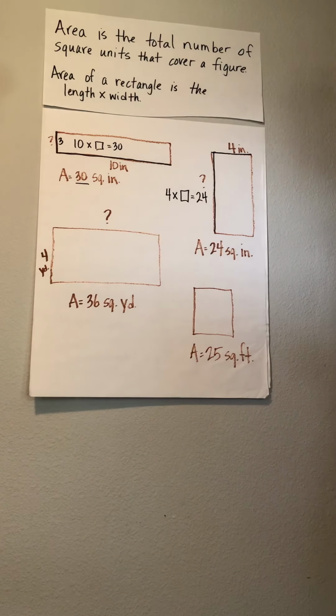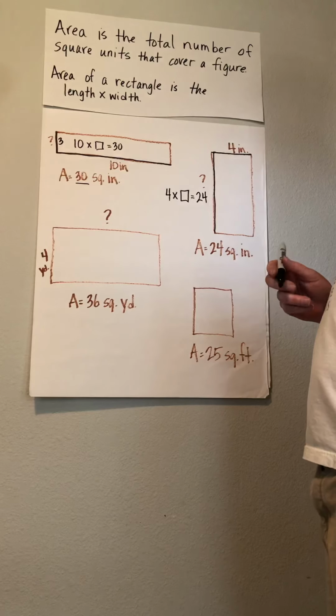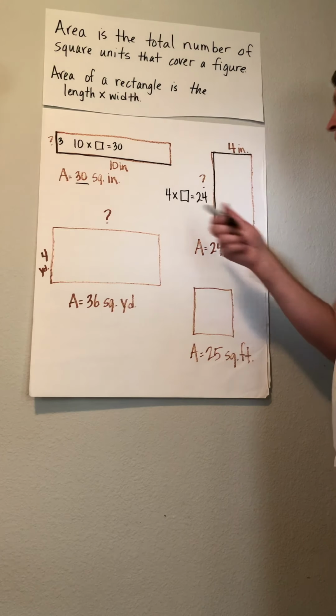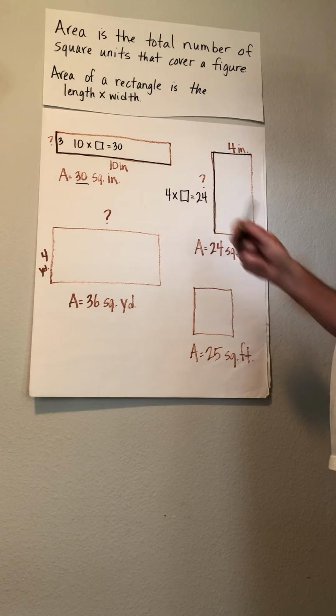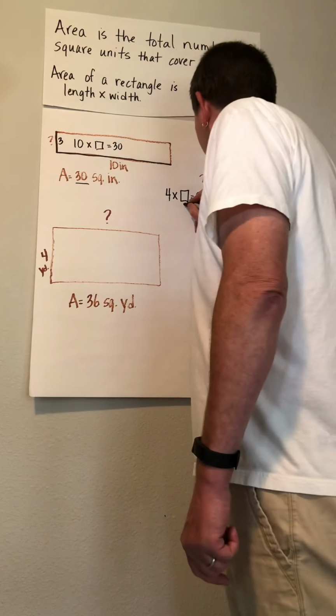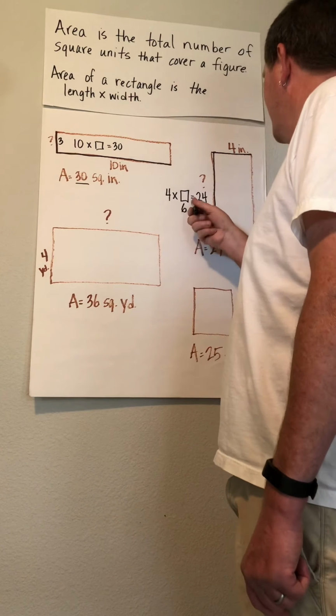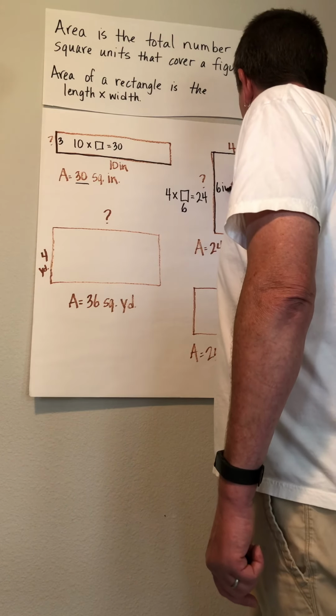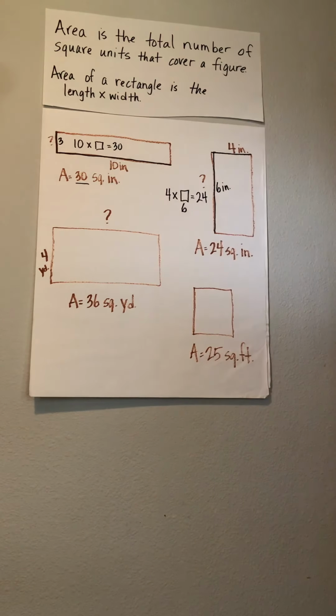All right, so 4 times what equals 24? Let me call on somebody. Kai, 4 times what equals 24? Yes, Kai, it is 6. So 4 times 6 equals 24. So this side is 6 inches.